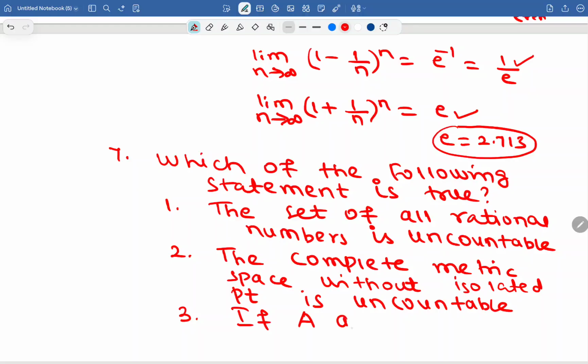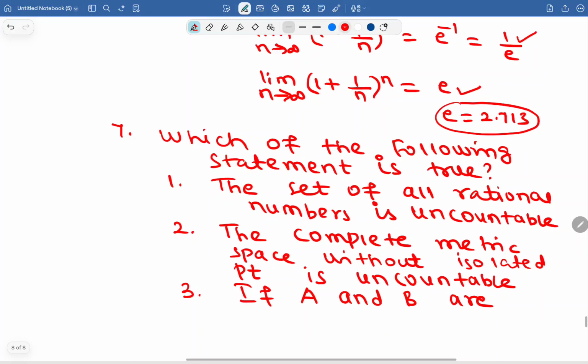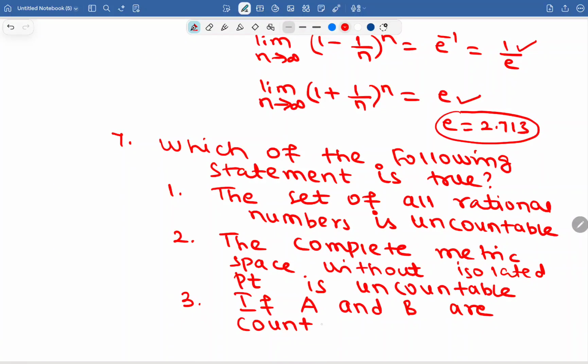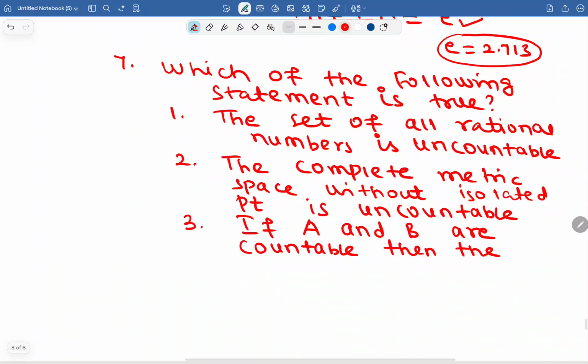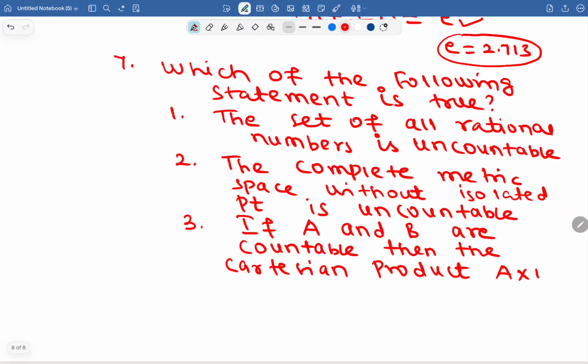If A and B are countable, then the Cartesian product A cross B is uncountable.